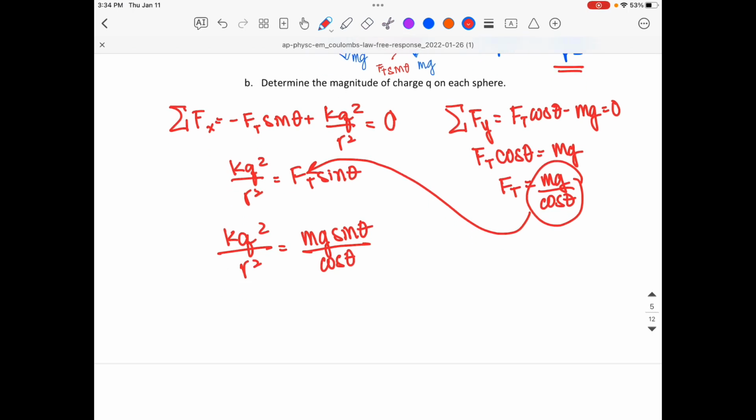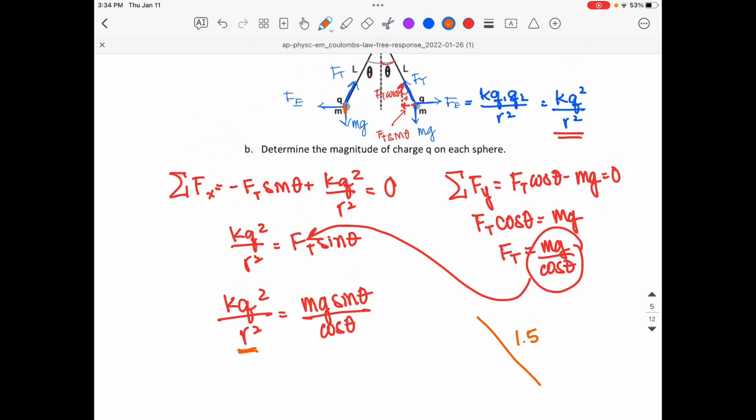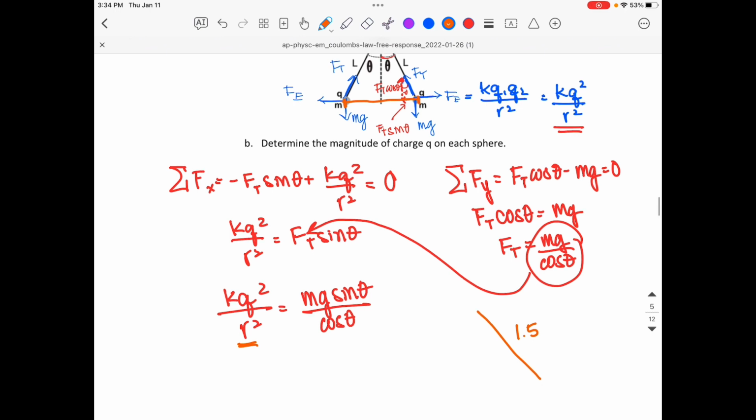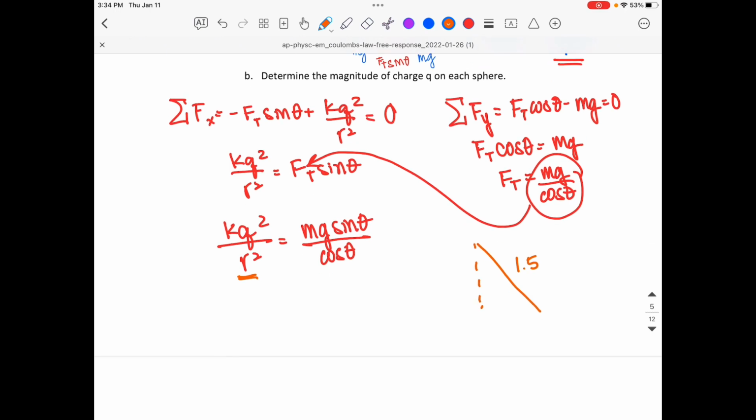Okay. The other unknown we have is the r squared, and for the r squared we can use the Pythagorean theorem since we know that this length is 1.5, and we know the distance r is actually the full distance between the two charges. If I were to just get one side here, which is r over 2, then I can solve for r squared.